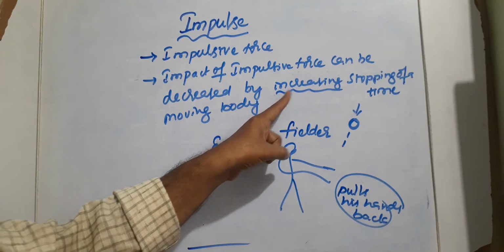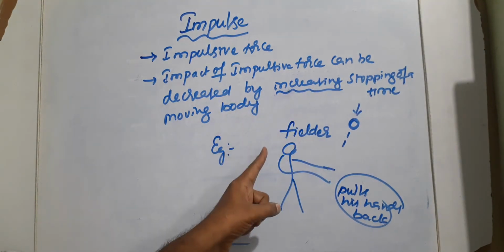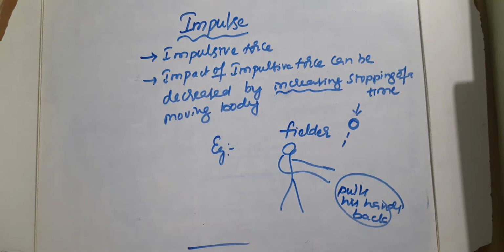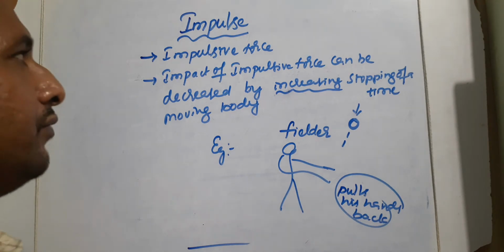Indirectly he is increasing the stopping time, so the impact of impulsive force can be decreased. This is a way of decreasing the impact of impulsive force by increasing the stopping time of a moving body.